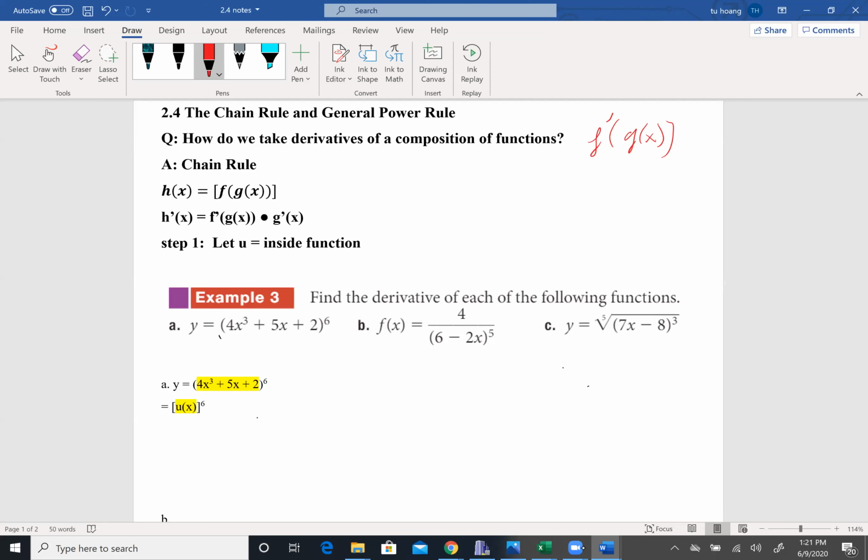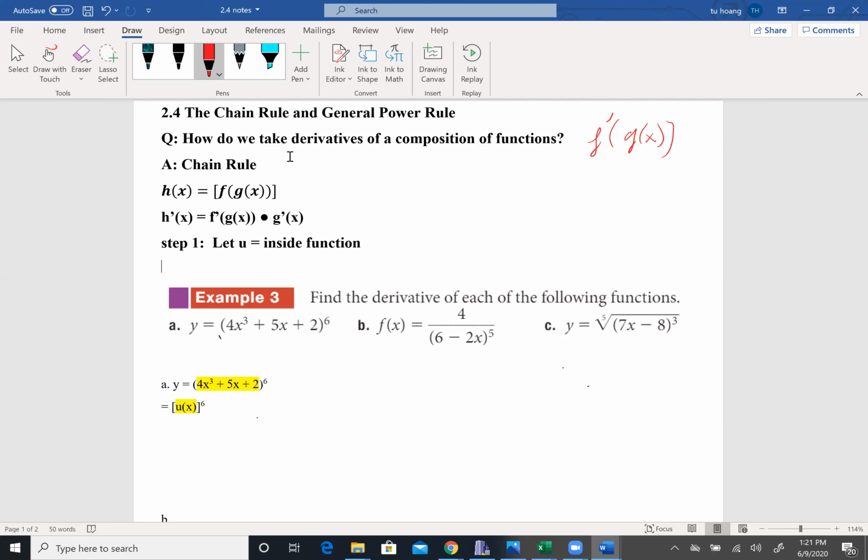The only way to take the derivative of a composition of functions is the chain rule. So what is the chain rule?